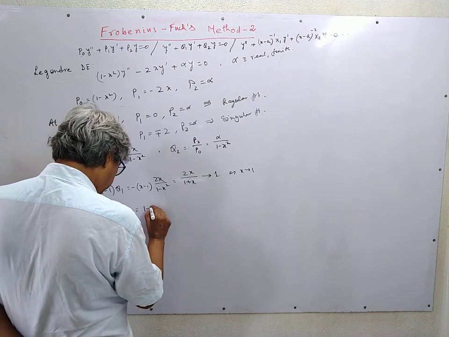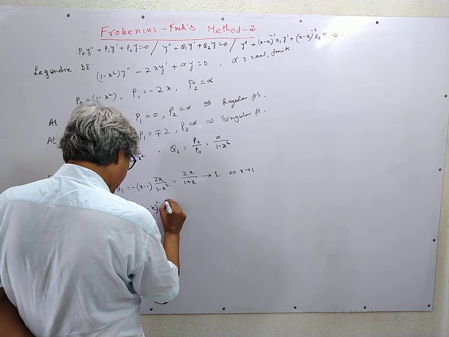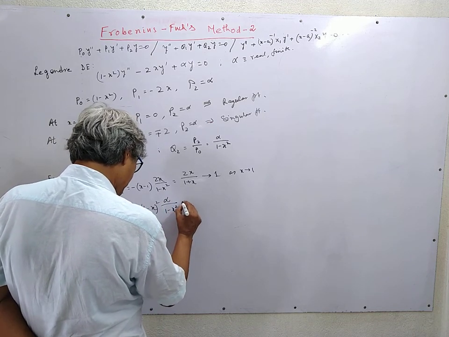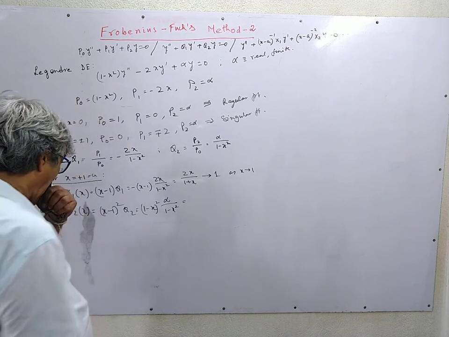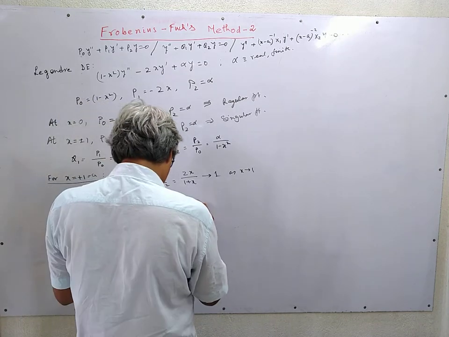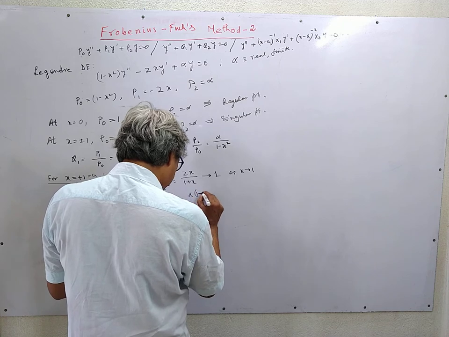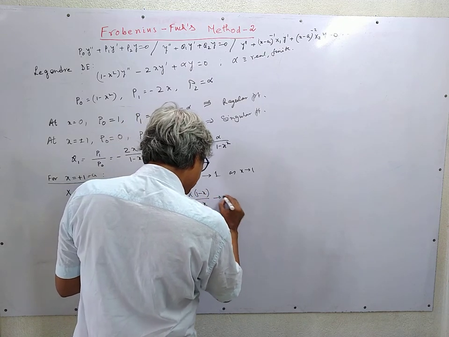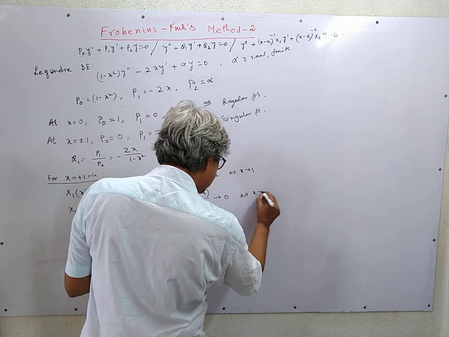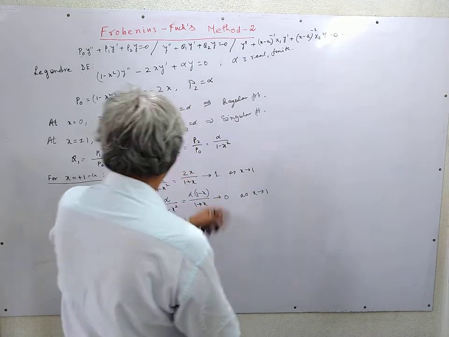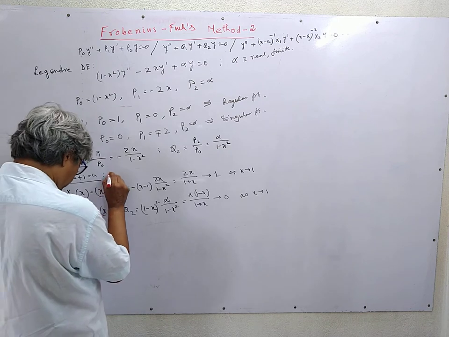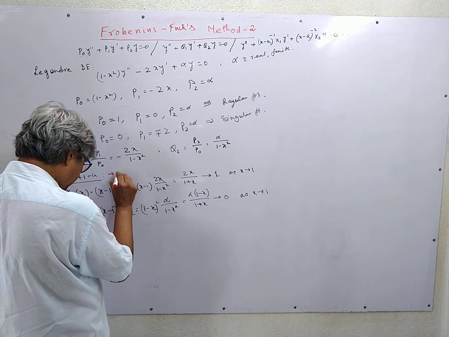We write it as 1 minus x whole squared times alpha over 1 minus x squared. So one factor cancels out, and this is alpha times 1 minus x upon 1 plus x. This tends to 0 as x tends to plus 1. So both are finite, and we conclude that x equal to plus 1 is a removable singular point of the Legendre differential equation.